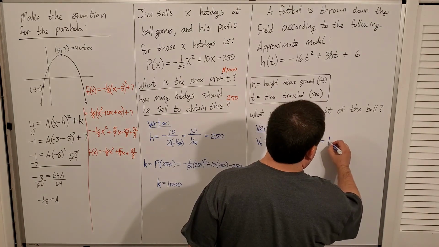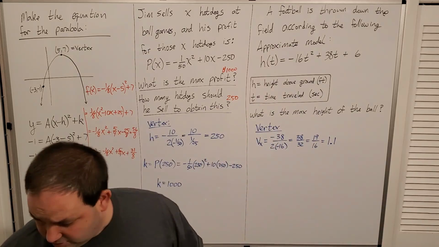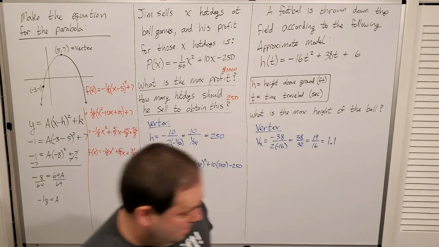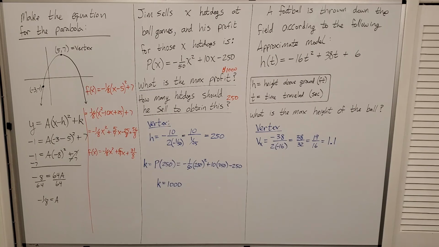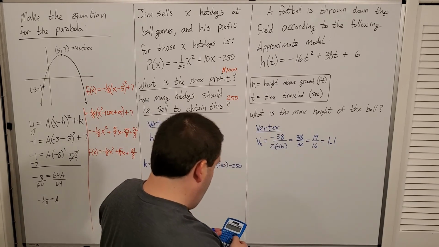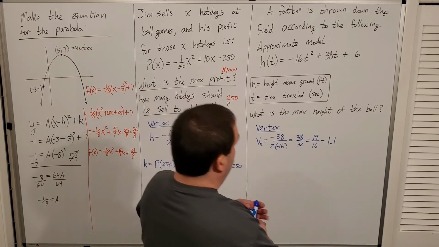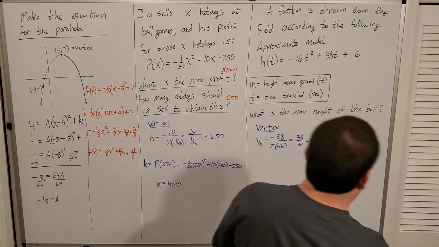So 1.1. Let me go ahead and crunch this just to make sure that I don't get off task here. 19 over 16. Yeah, okay, 1.1875. That's good.